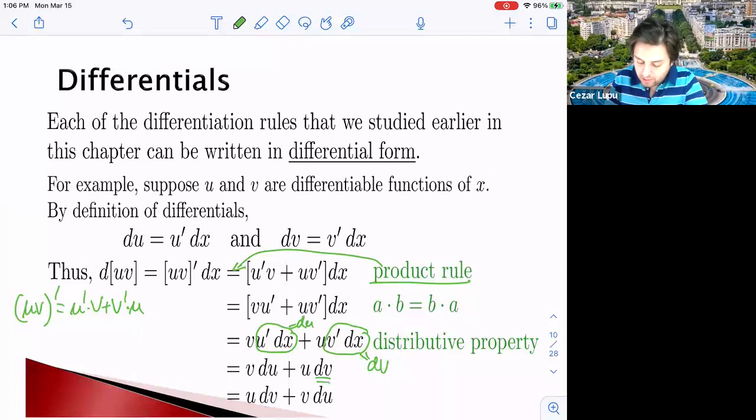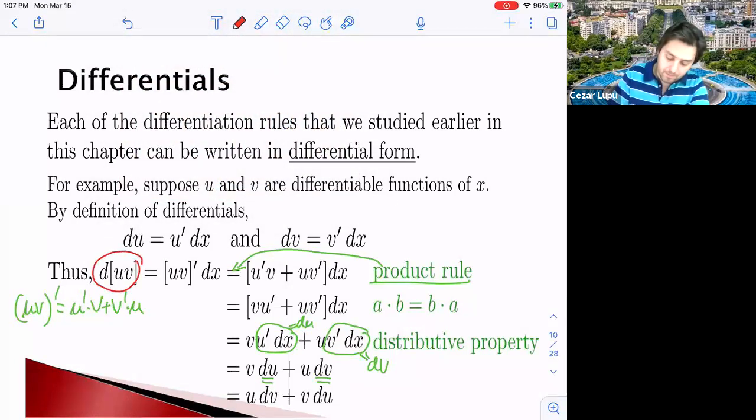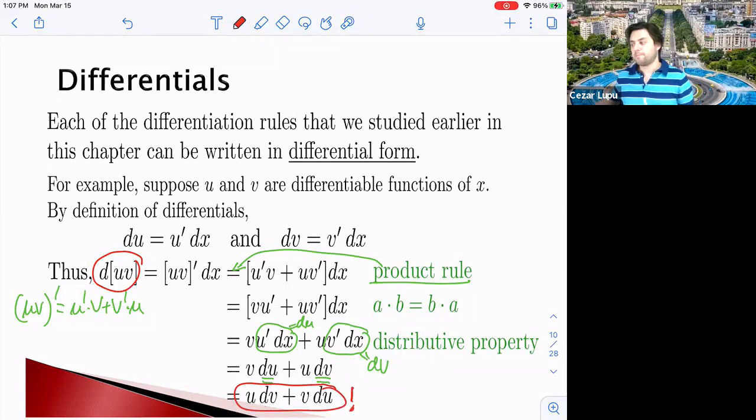So it's v du plus u dv, which is u dv plus v du. So once again, if we want to write this in differential form, we will have that d(uv) is u dv plus v du. Keep that in mind. We start from here, and we ended up all the way here.